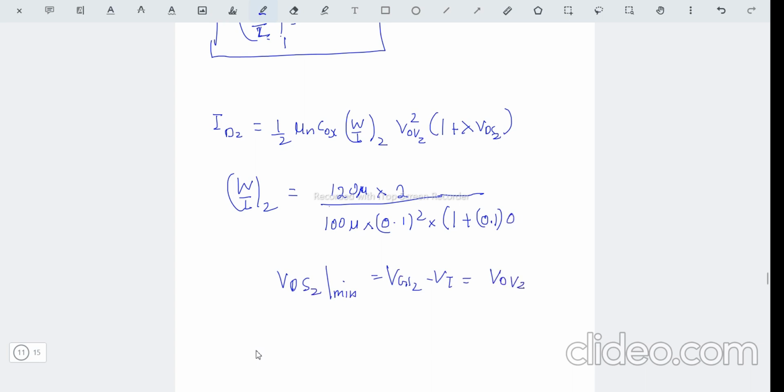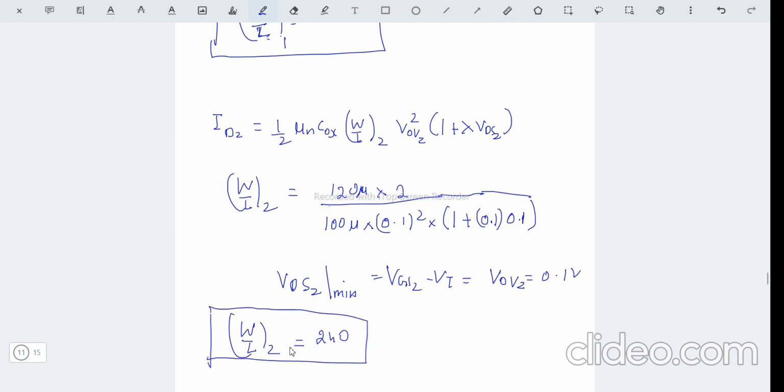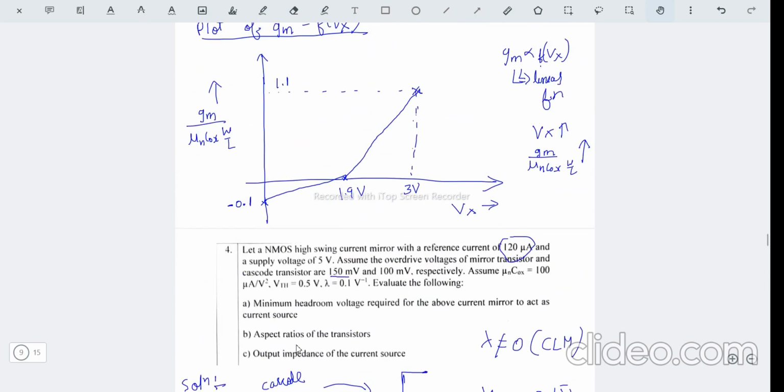So VDS2 is 0.1 volts. When evaluated, W over L of 2 comes to around 240. These are the aspect ratios of both MOSFETs asked in the question.